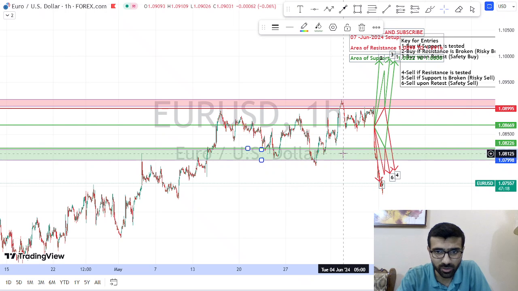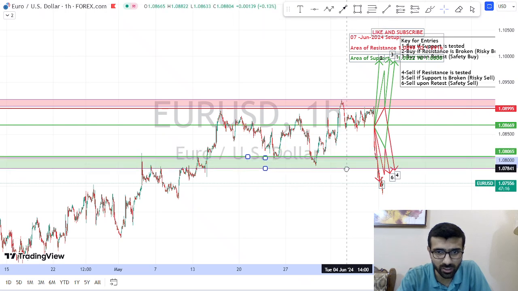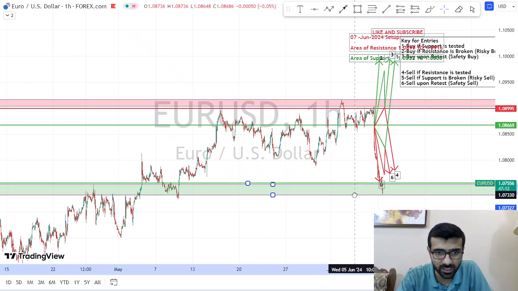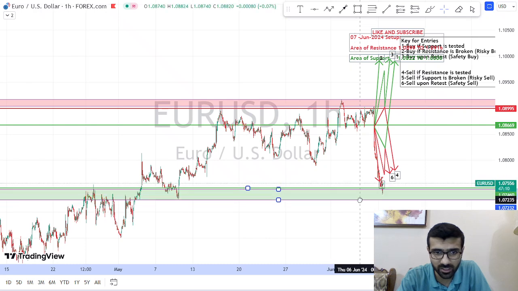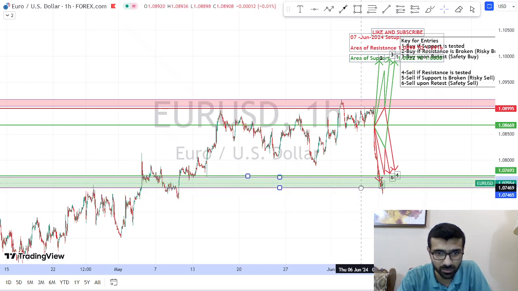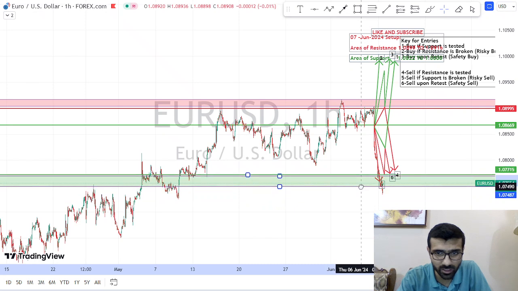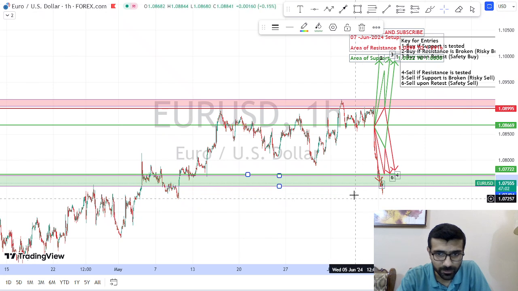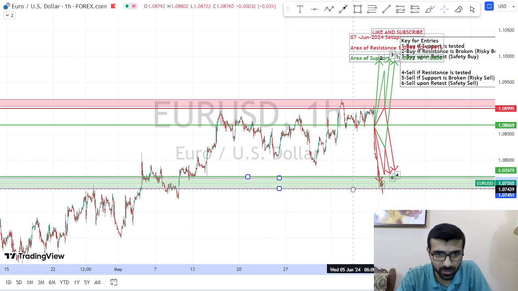The next best area of support will now be approximately, as the market is trading right now over here, but the latest area of support is approximately here. So I think we are going to follow this area for support right now, a little bit down, maybe approximately like this.